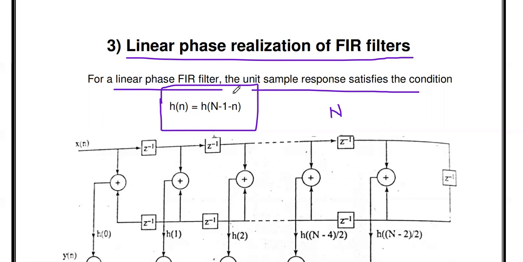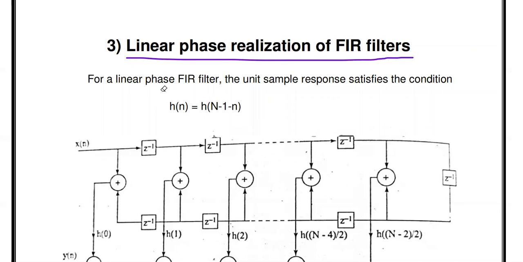If the filter satisfies this condition, then for that FIR filter we can use this linear phase realization. The advantage of this realization is that the number of multipliers used is automatically reduced by half.